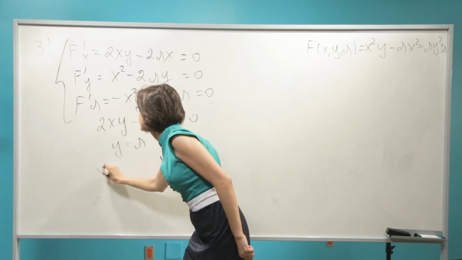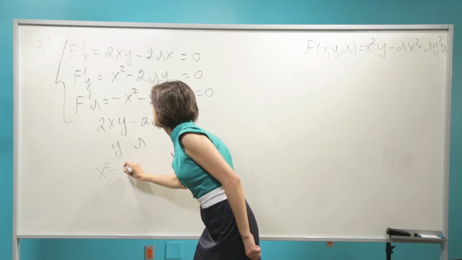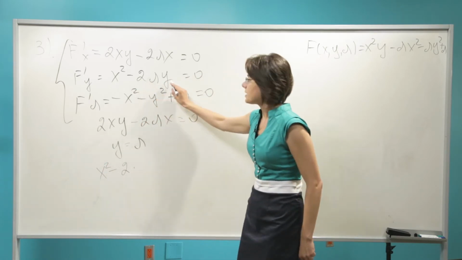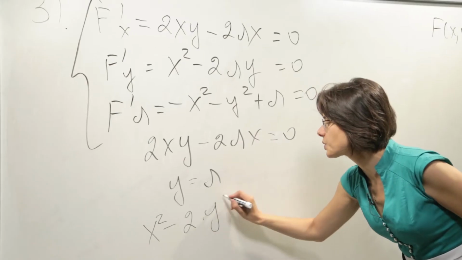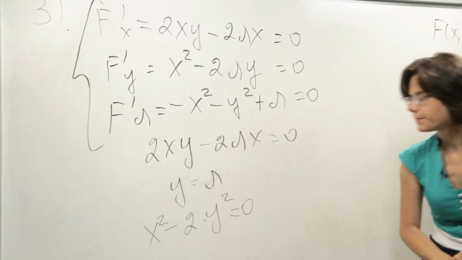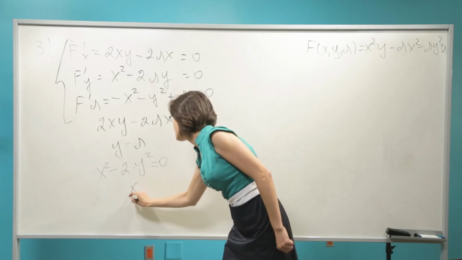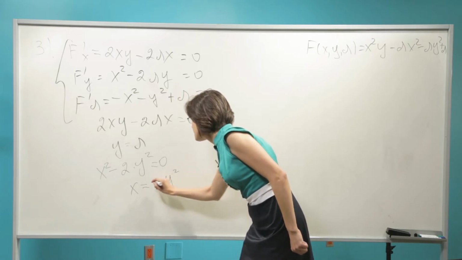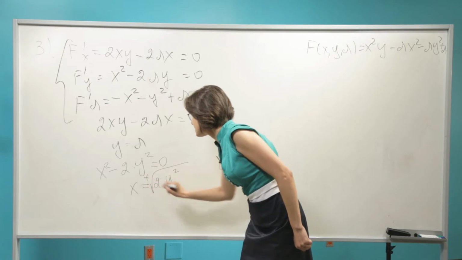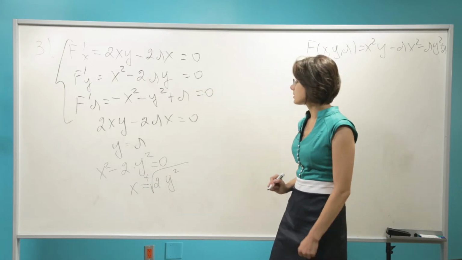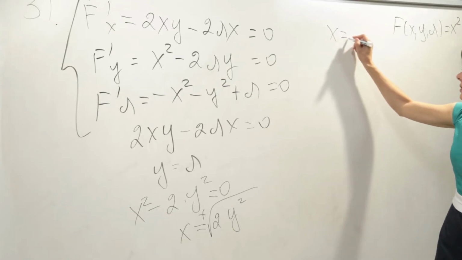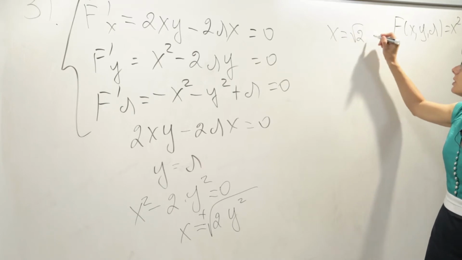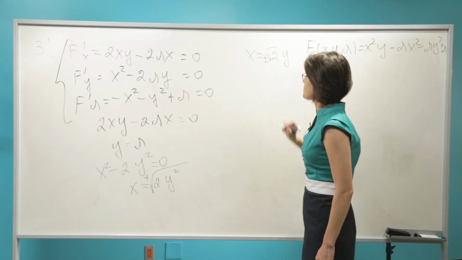From there, I have x squared minus 2 times y times y, so 2y squared, is equal to 0. So we have that x is equal to the square root of 2 y squared, positive or negative. So x is equal to the square root of 2 times y, positive or negative.